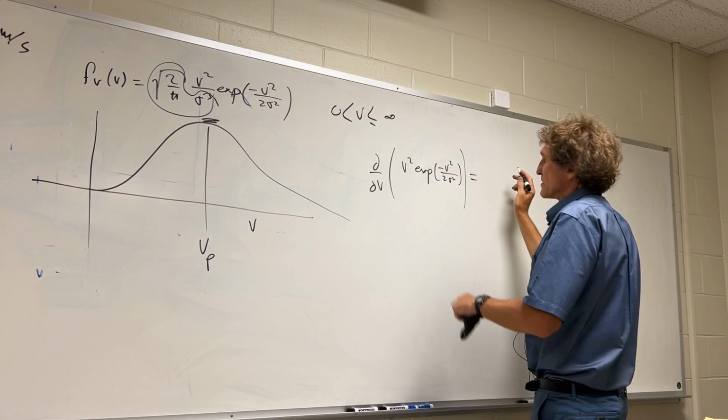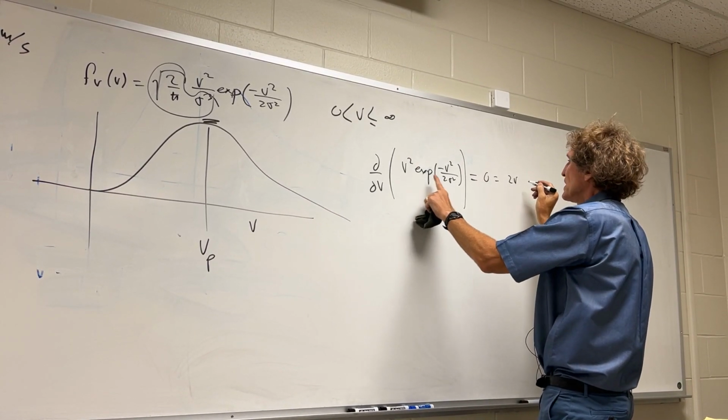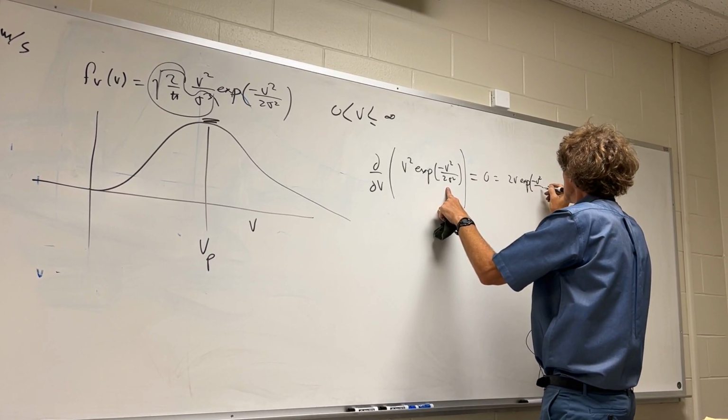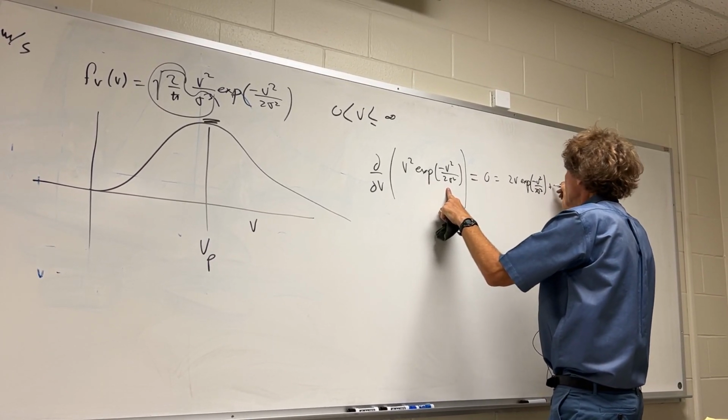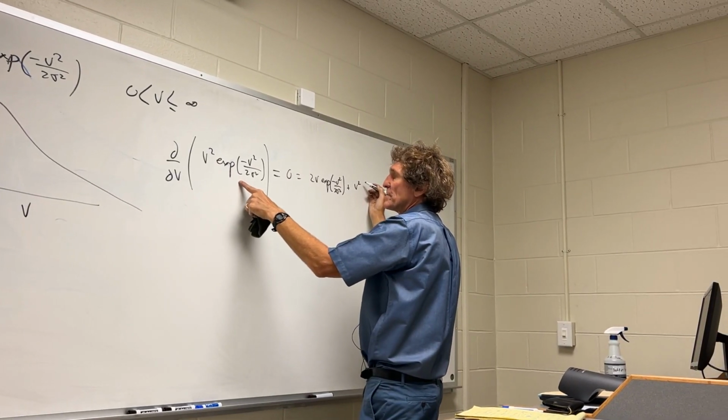The derivative of the first is 2v times this exponential, plus the first, v squared, times the derivative of the second.